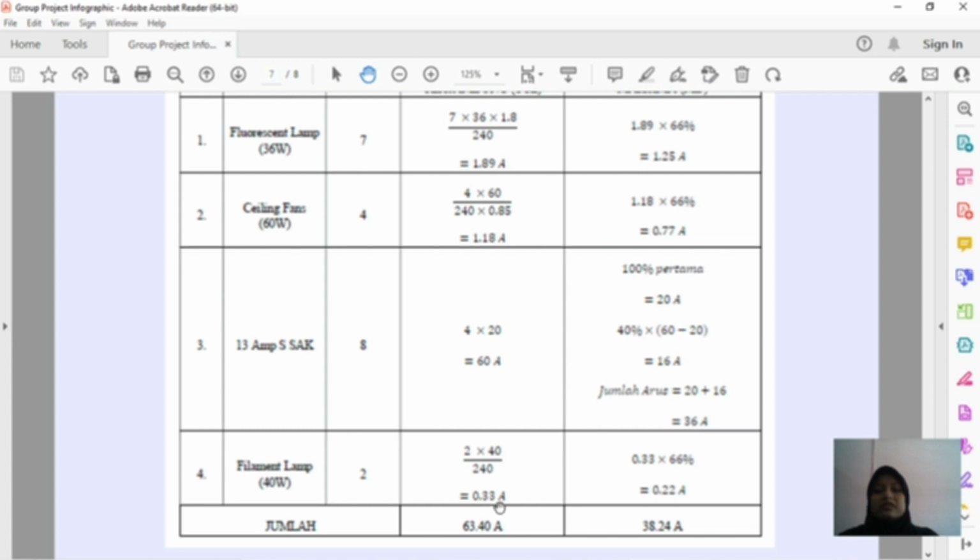It will get 0.33 A, and the answer 0.33 A times 66% will get 0.22 A. So we total it all above. So the answer is 63.40 A and 38.